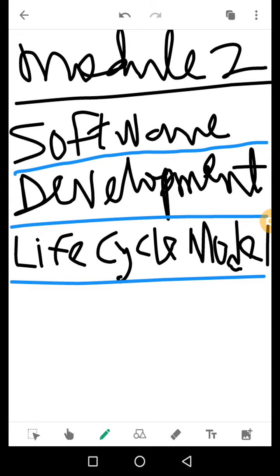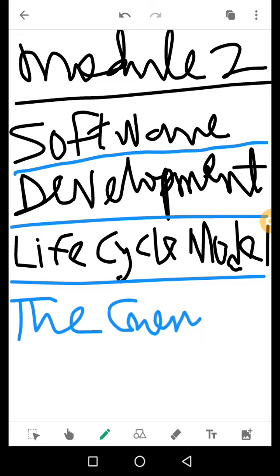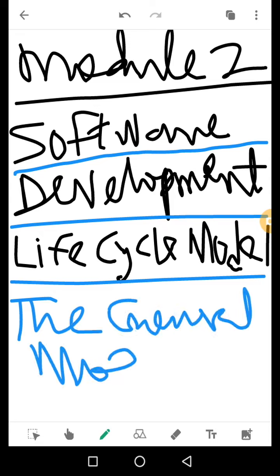So let's look at some existing software development life cycle models. Number one, the general model. This general model starts from requirement to design to implementation and to testing.